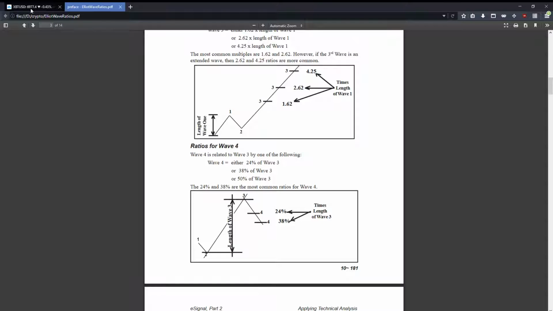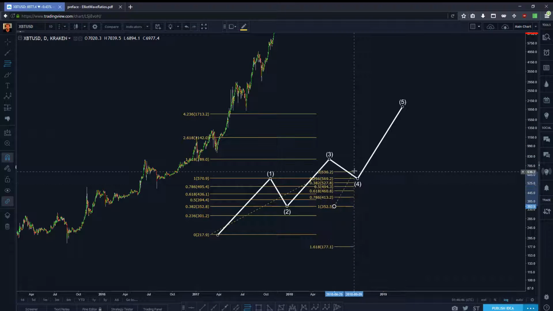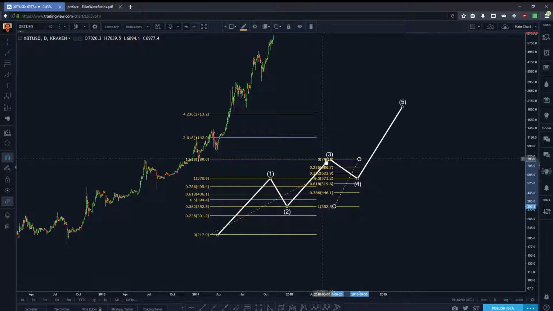So we're going to draw a retracement fib on wave 3. For retracement, we're going to start at the bottom and draw to the top. So we're looking for our 0 fib to be on the top and the 1 at the bottom.